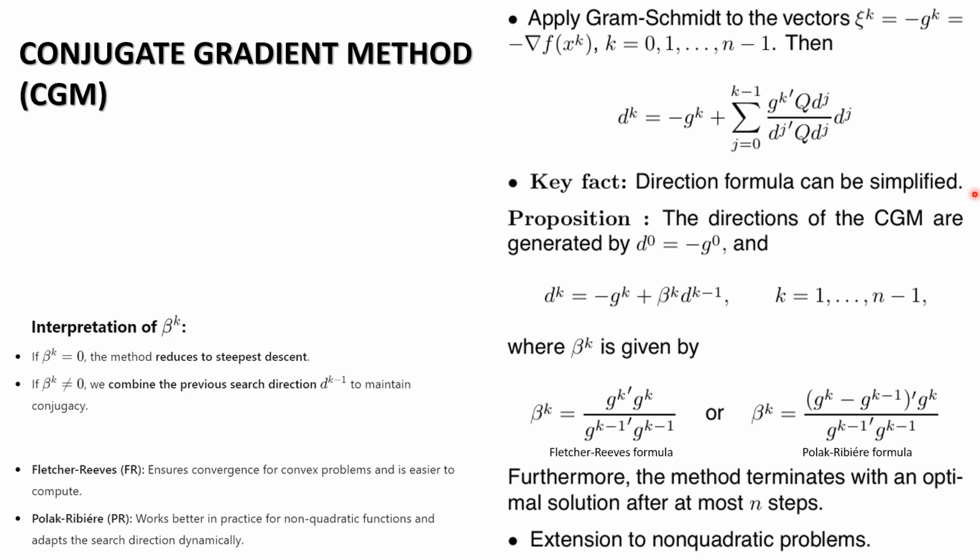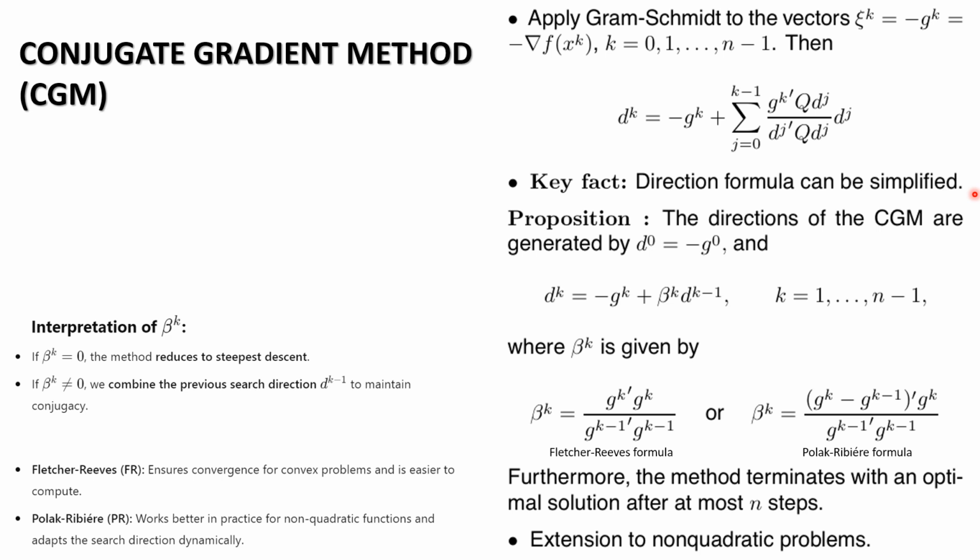Originally, this method was designed for quadratic functions, however, it can be extended to general nonlinear problems using nonlinear conjugate gradient methods, where the function is not quadratic, but the same update rule is used, and the gradient gk is recomputed at each step.